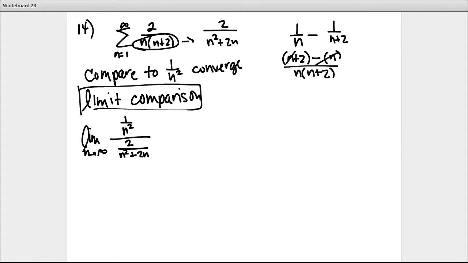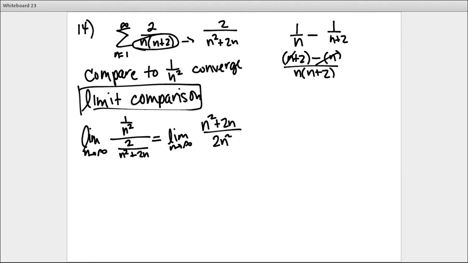All right, so then I'm taking the limit of these two guys, which means that it's the limit as n goes to infinity of n squared plus 2n over 2n squared.